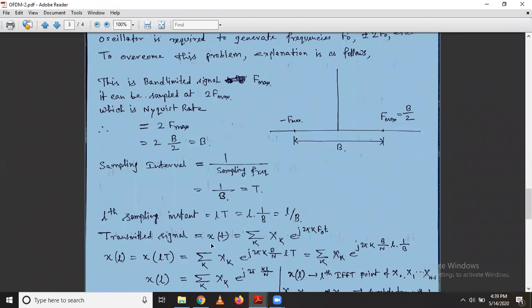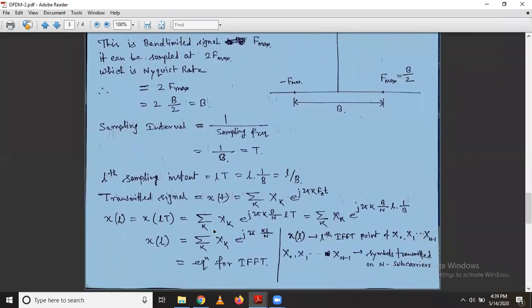Now transmitted signal x(t) is nothing but the MCM signal, the multi-carrier modulated system signal. Now, if t is replaced by L capital T, here also we are replacing t by LT.